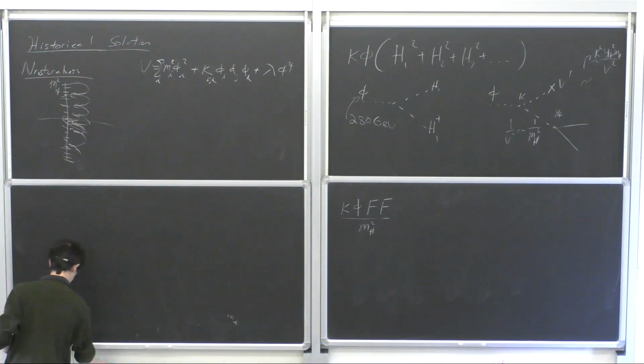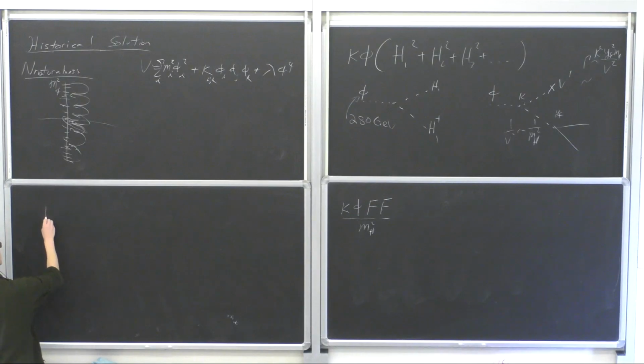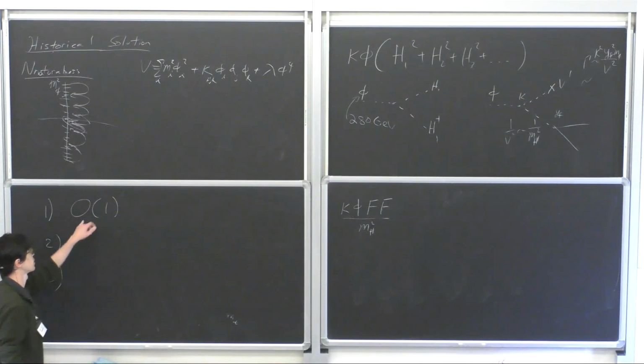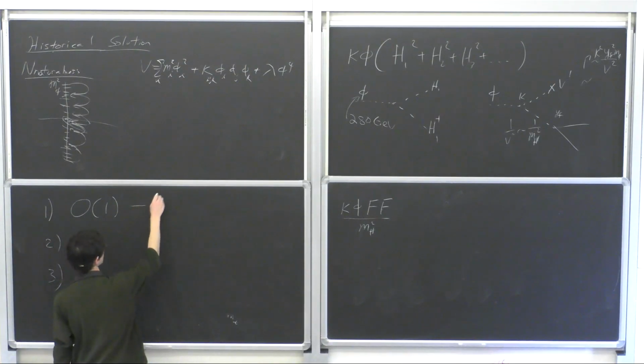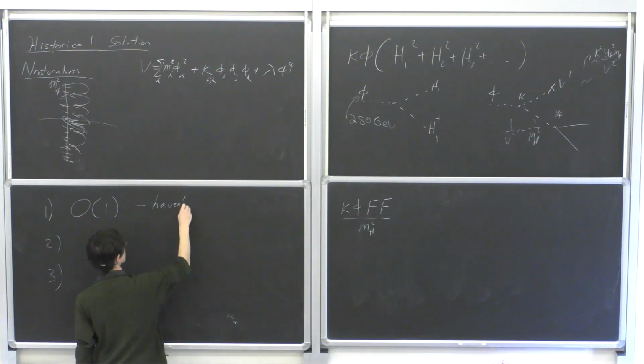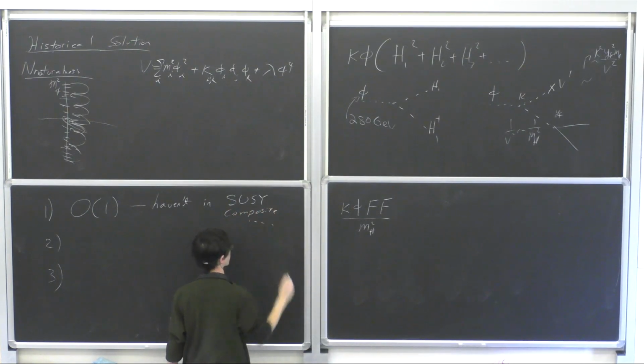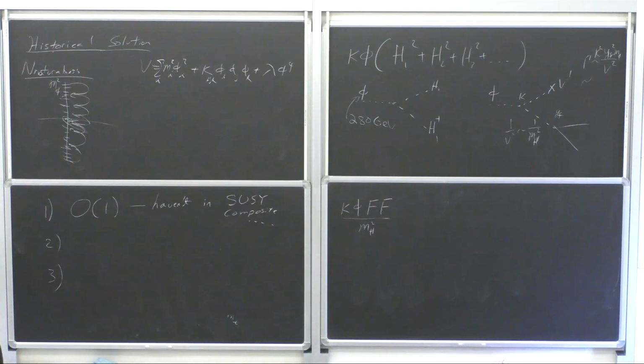And I had said there were 3 things. 1 was people are currently worried the order 1 numbers haven't helped in SUSY or composite Higgs, etc. In the models, people like to talk about the order 1 numbers don't help, but this is dimensional analysis, so the order 1 numbers could work in our favor if we want.